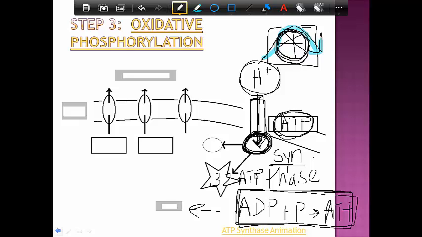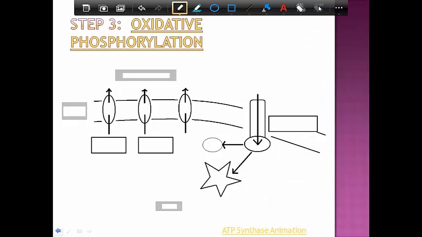All right, so the last thing I want to point out to you is these little guys right over here, because they are important, and I need to talk to you about how this works. So I said that we pump hydrogen ions from this matrix area into the inner membrane space using energy. Okay, where does that energy come from?